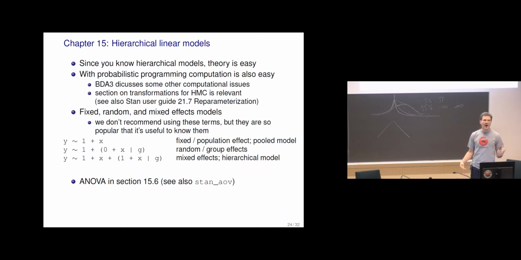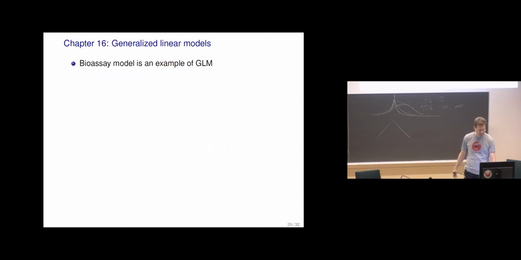And if you combine fixed and random effects, it's called a mixed effects model, which would be just a hierarchical model in the language used in BDA. There's also the ANOVA model in section 15.6, but you can also do it using, for example, RStanARM, and ARM has the stan_aov.